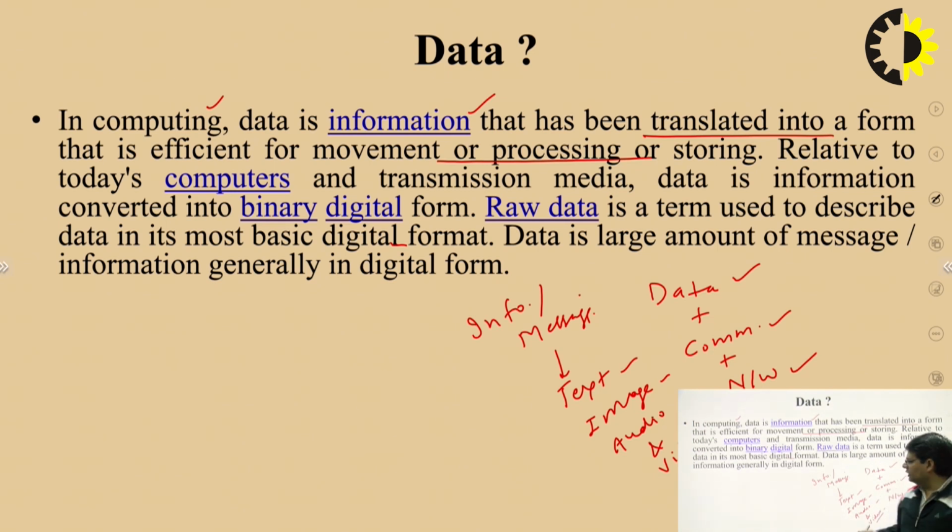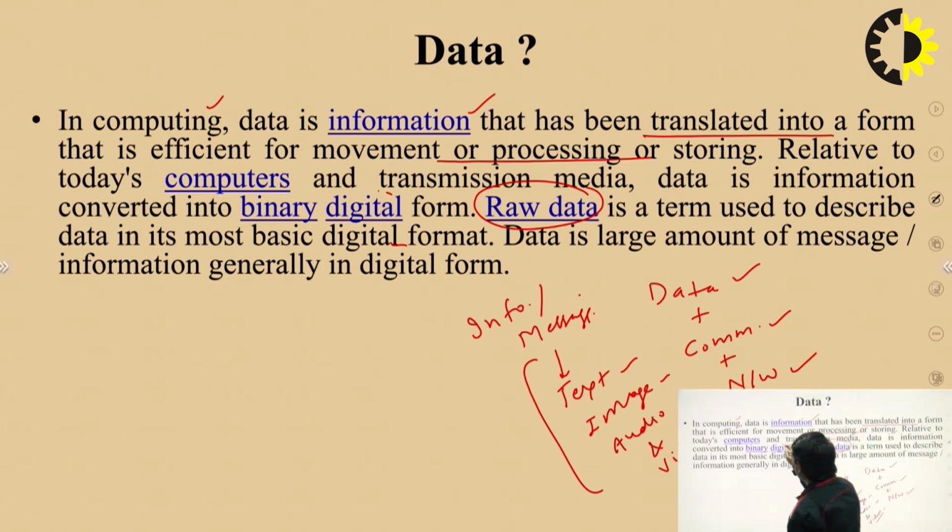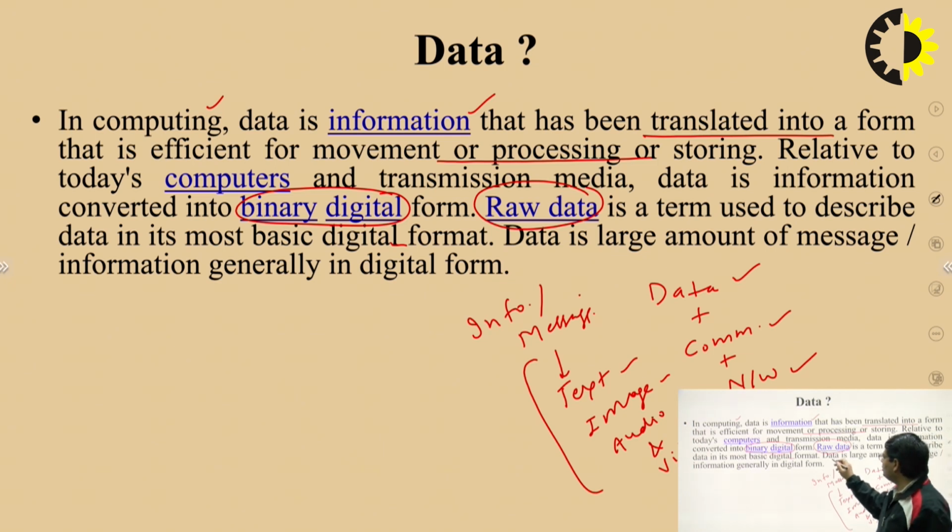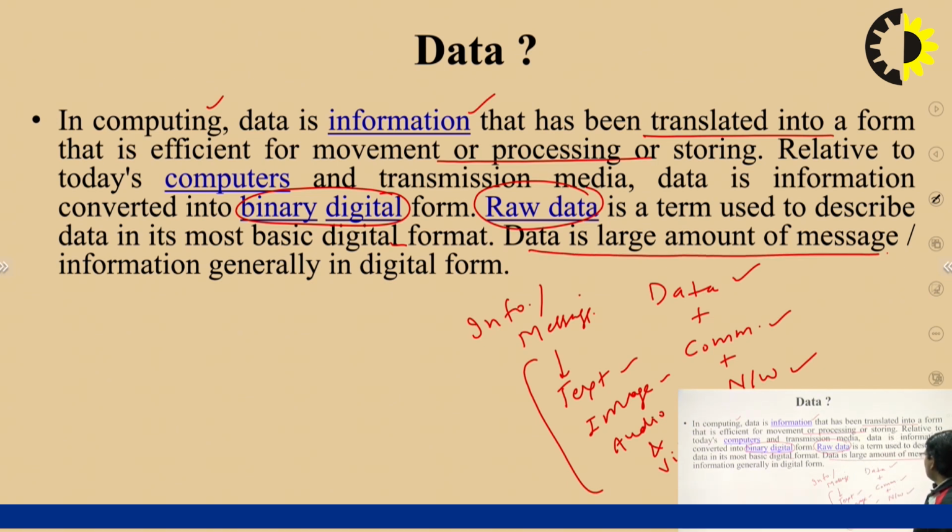Or we can say that the information or message in this form is the raw data, and when we convert it into the corresponding digital or binary form, then the message or information becomes the data. Or finally, we can define the data as the large amount of message or information generally in the digital form.